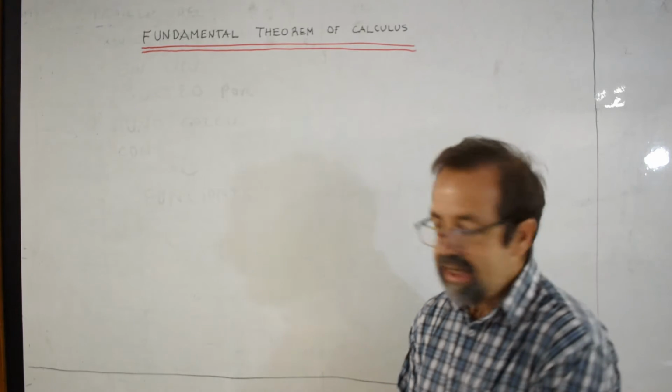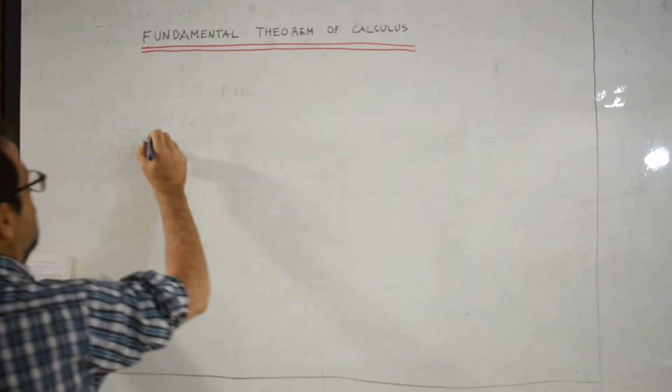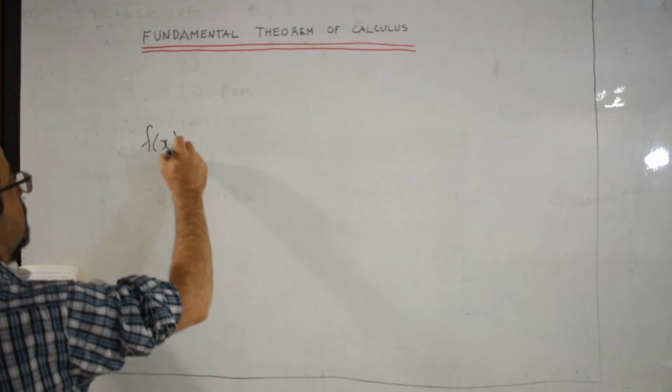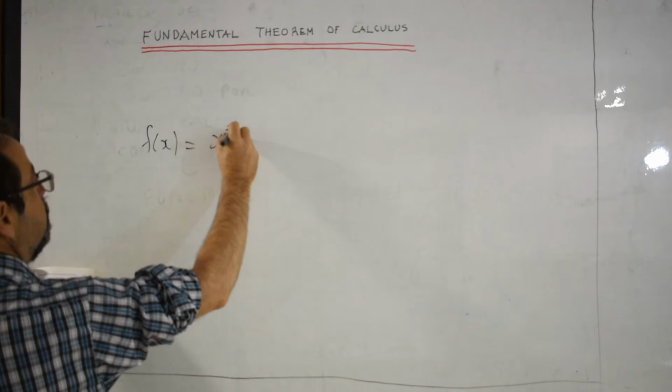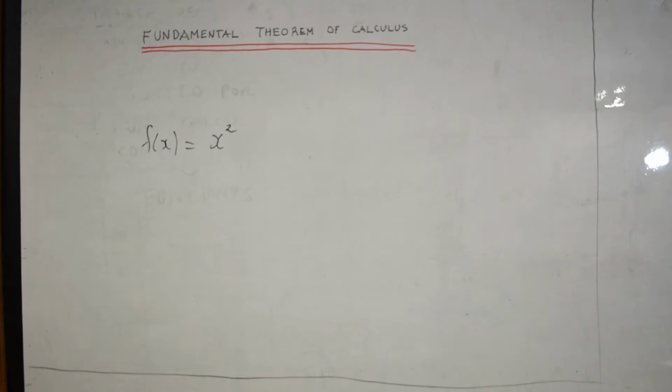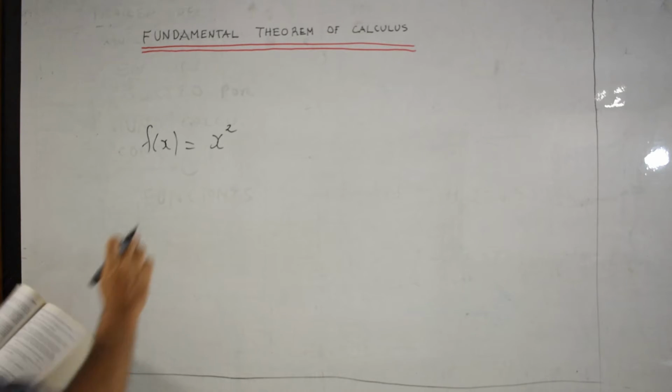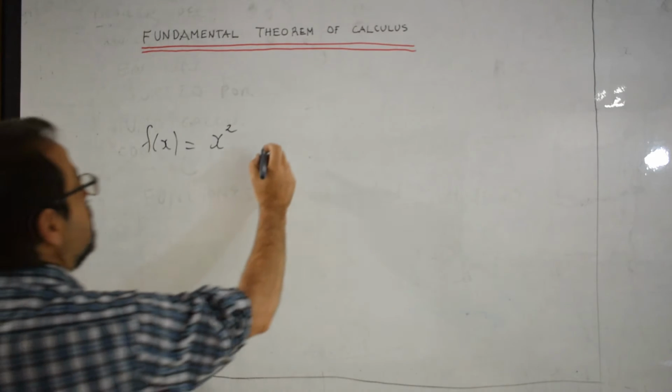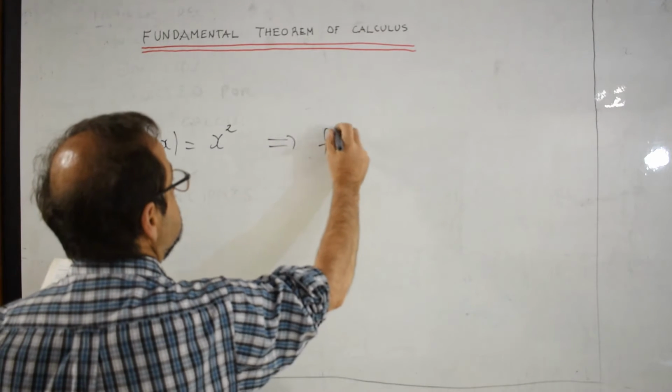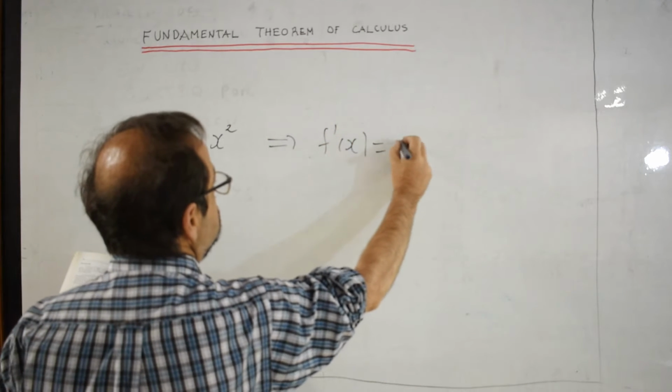Now, let's say that we have the function f of x equal x squared. If we have f of x equals x squared, we find the derivative, which is 2x.